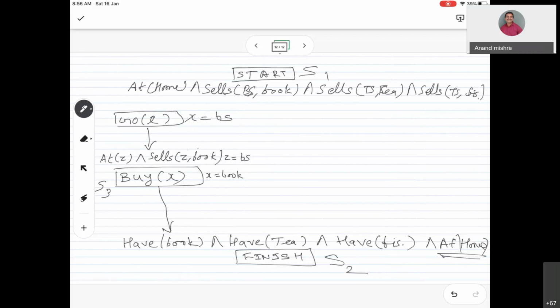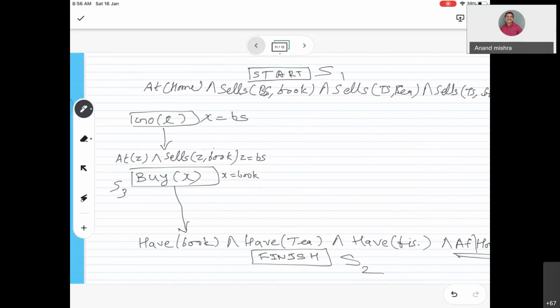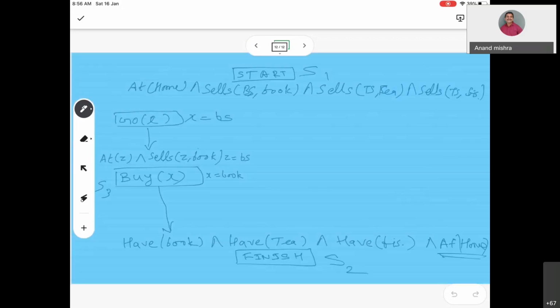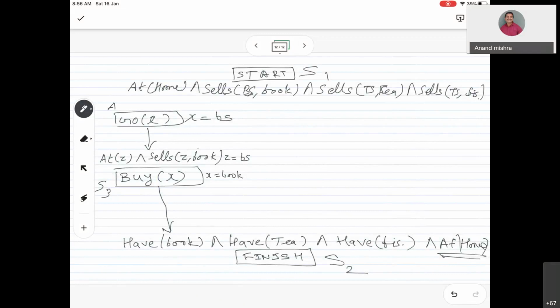And what is the precondition of go X? With the precondition of go X, you need to be at some place, they go to, at Y, right? So you need to be at Y. At Y, here Y is bound to home. It's there.